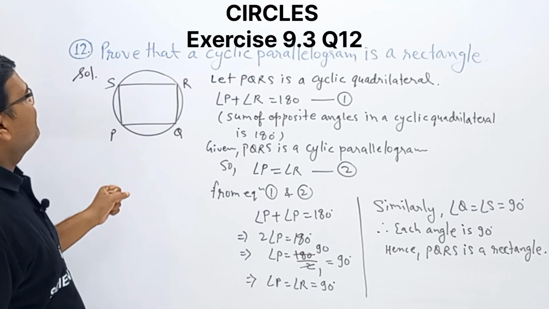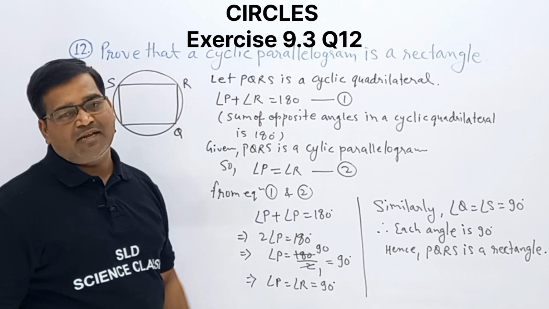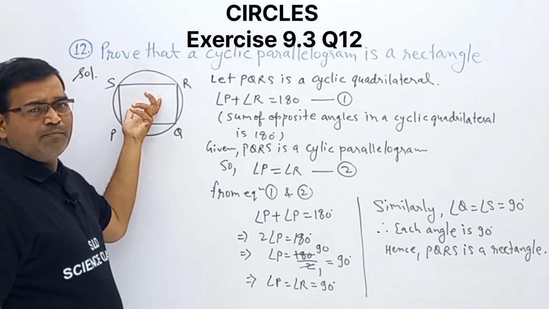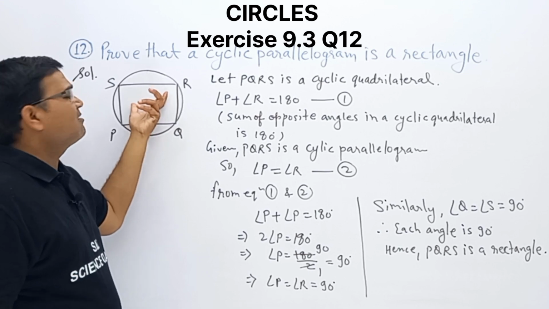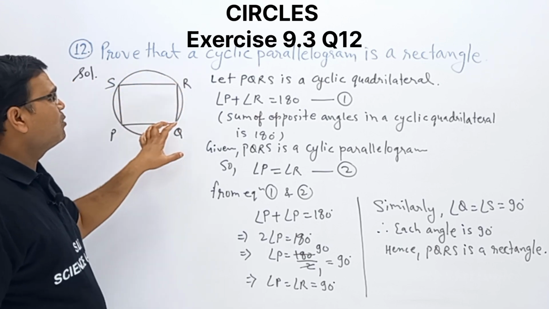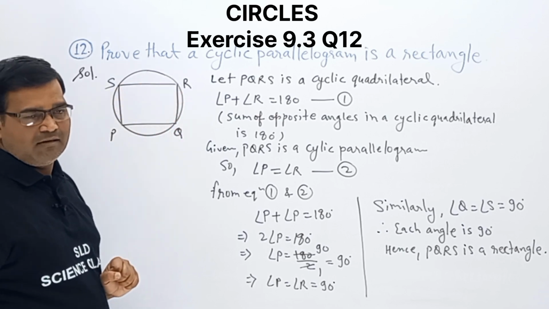Observe again what we are doing. In this question, we want to prove that a cyclic parallelogram is a rectangle. We are having one cyclic parallelogram, a parallelogram in a circle. We are assuming PQRS is a quadrilateral.